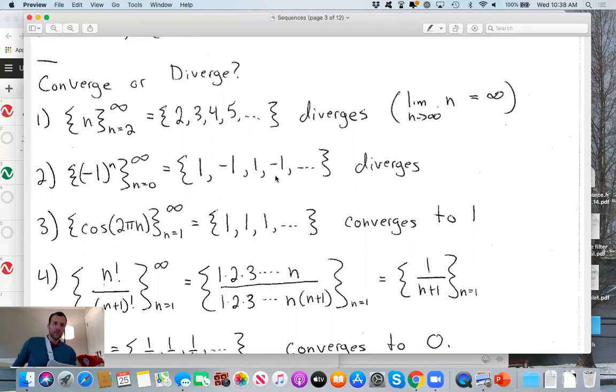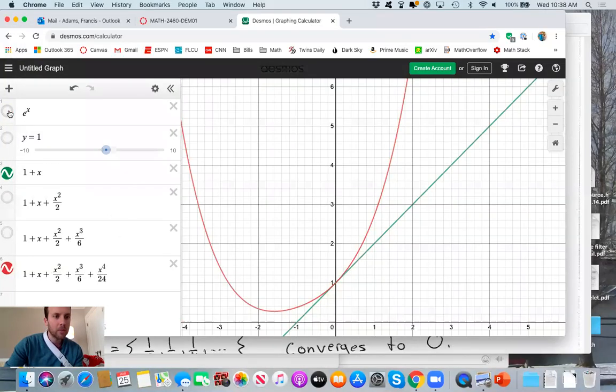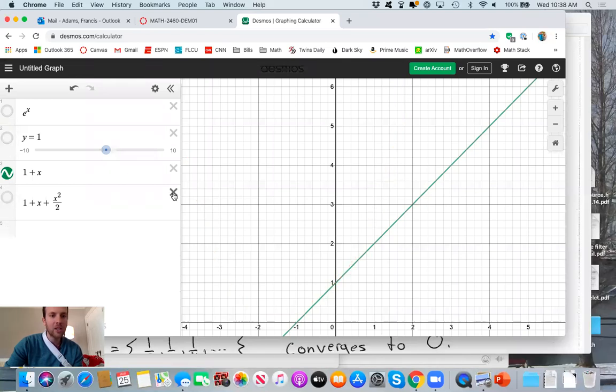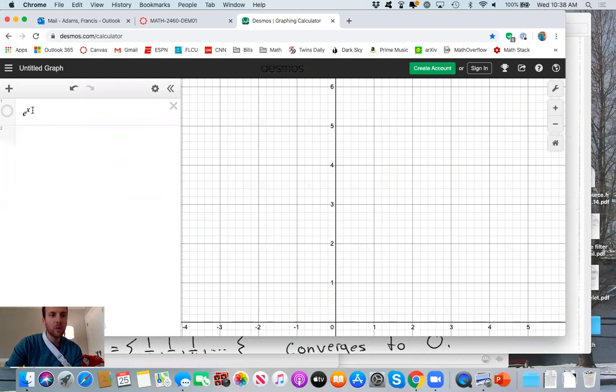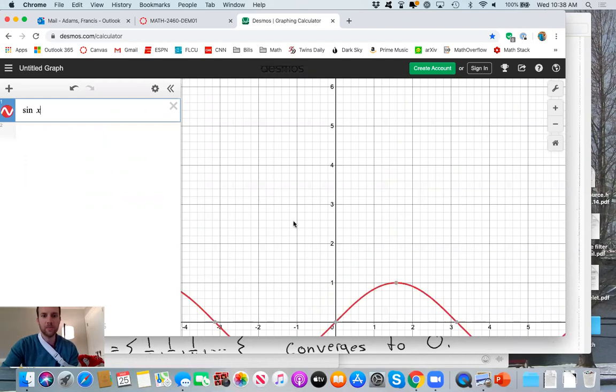So in that case, the alternating part would be if you think about sine of x.